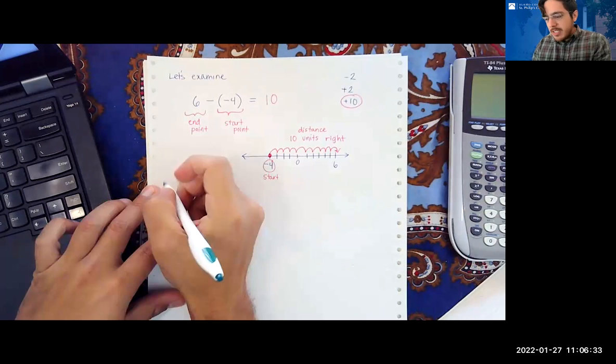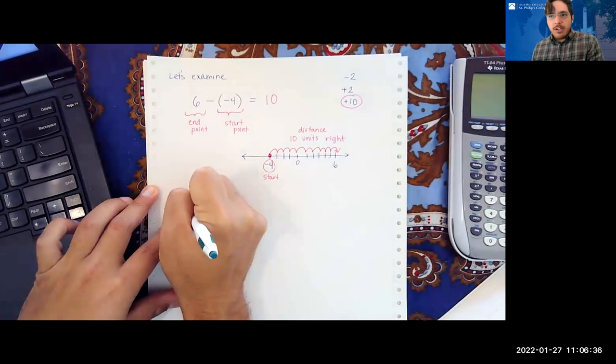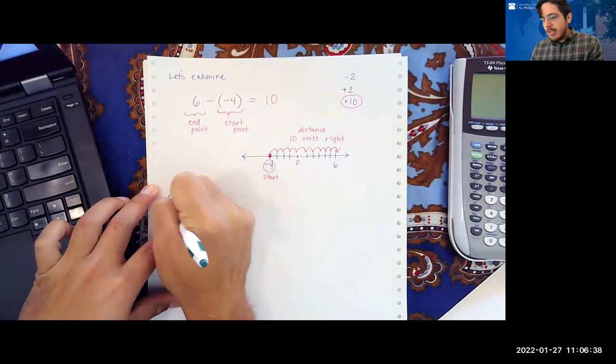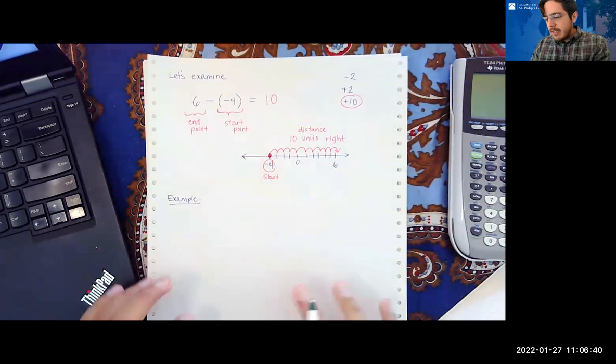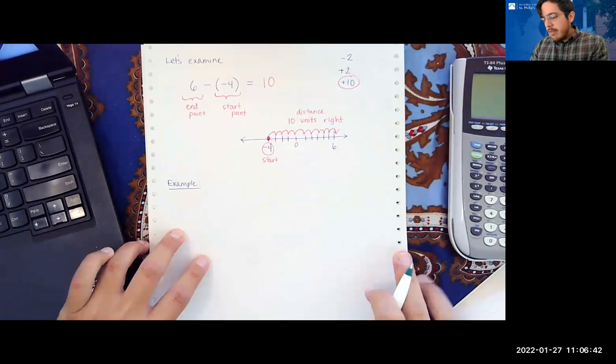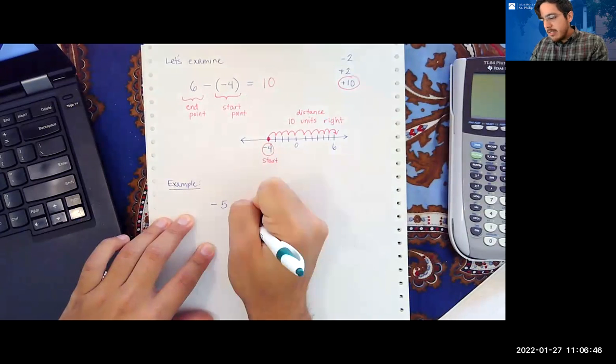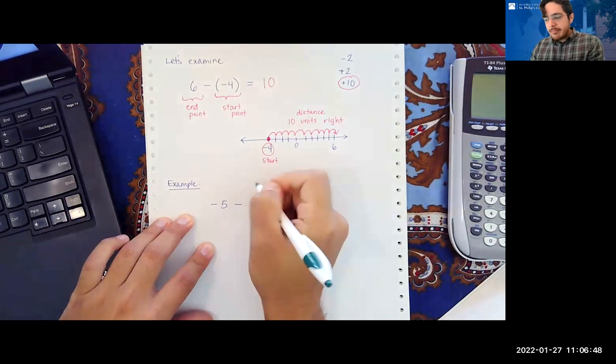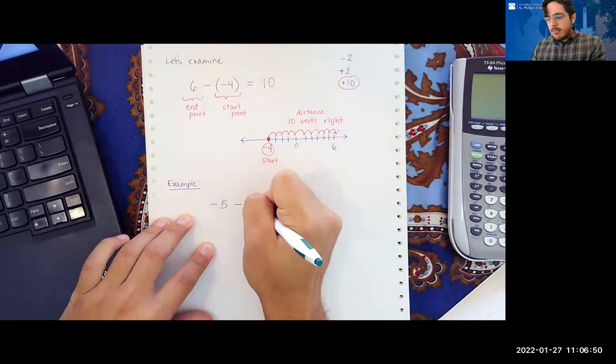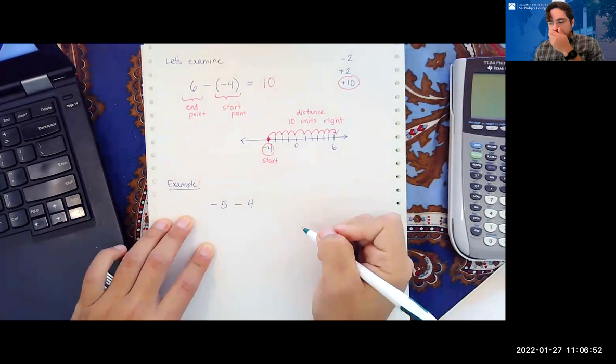With smaller numbers, it'll be manageable for us to go ahead and draw a number line just so that we get the intuition right. So let's say that I had -5 and I wanted to subtract 4. What should the answer to this be?